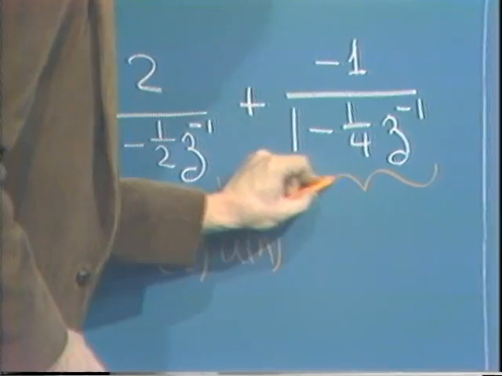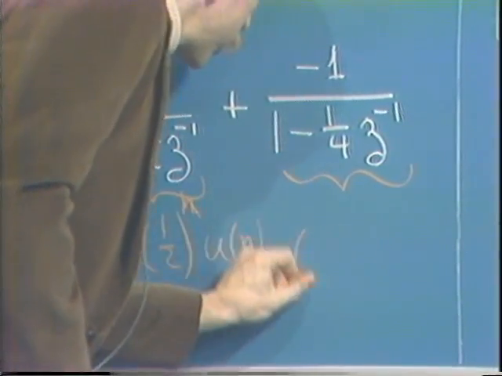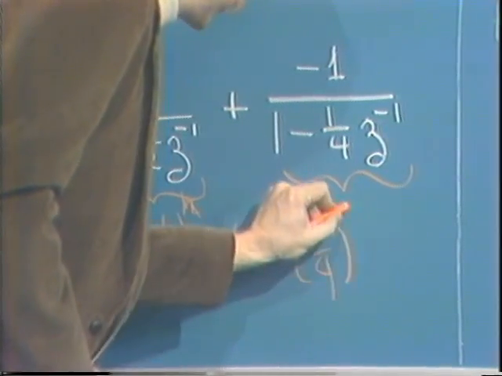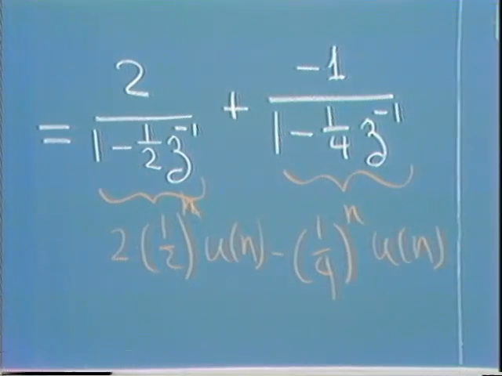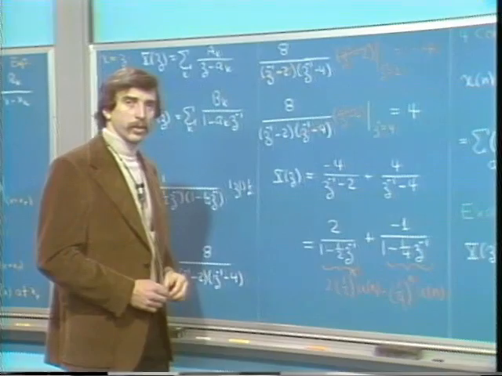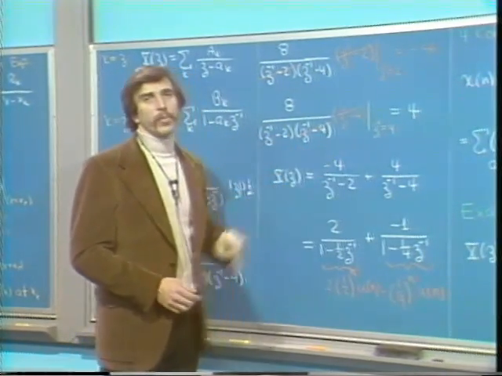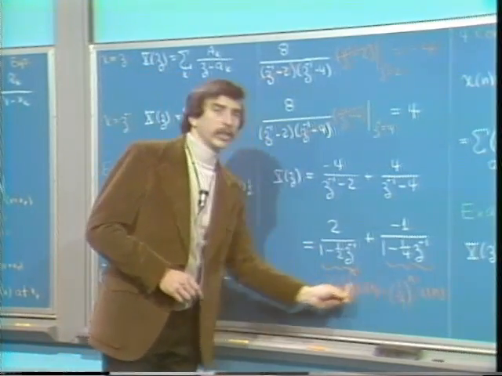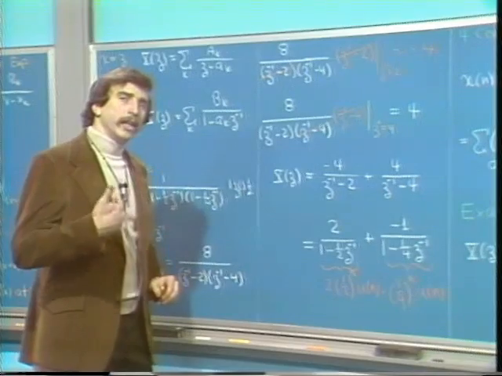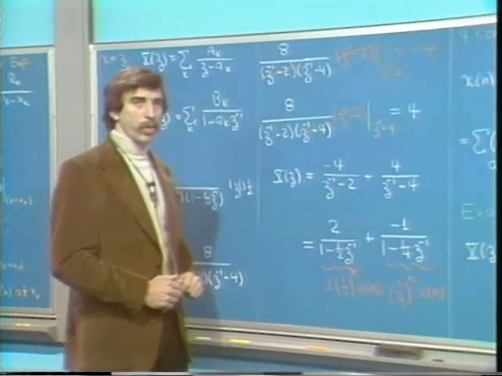And for this piece, we end up with minus 1 times a quarter to the n times u of n. So by breaking x of z into a sum of components, simple terms, we were then able to apply the inspection method to each one of those to get the resulting z transform in a closed form expression, or at least the sum of some closed form expressions.